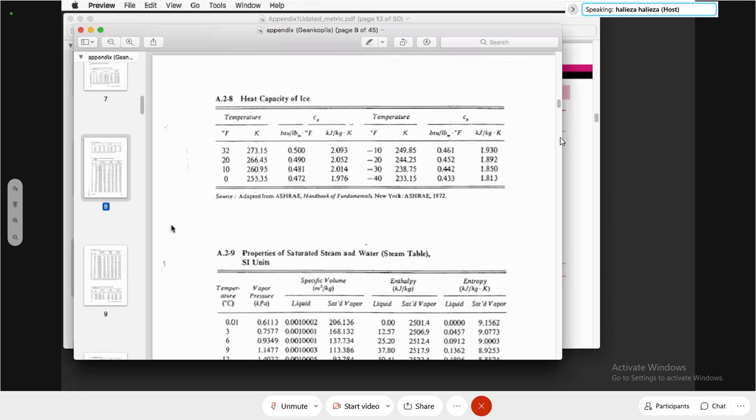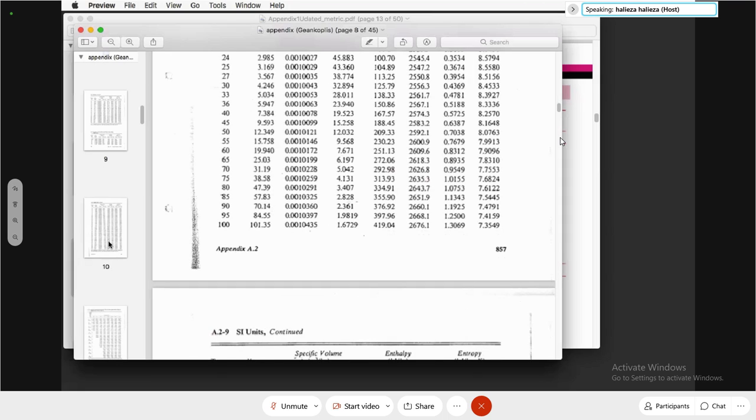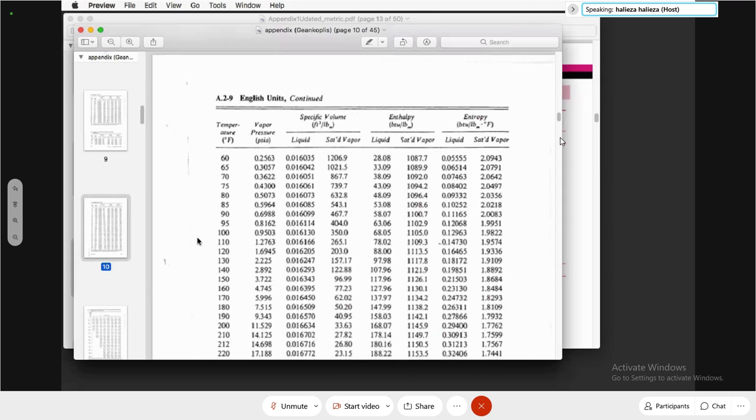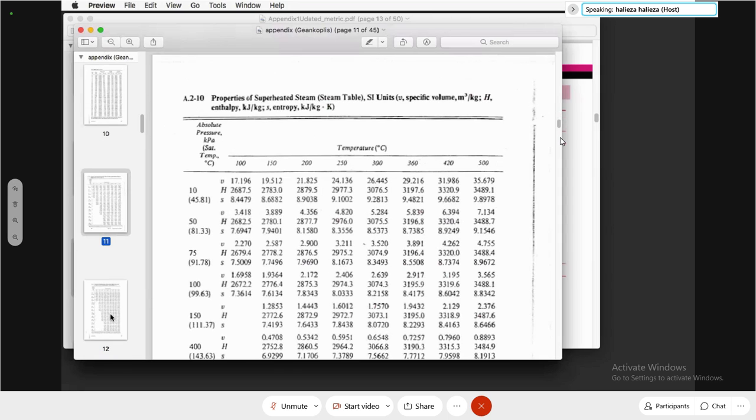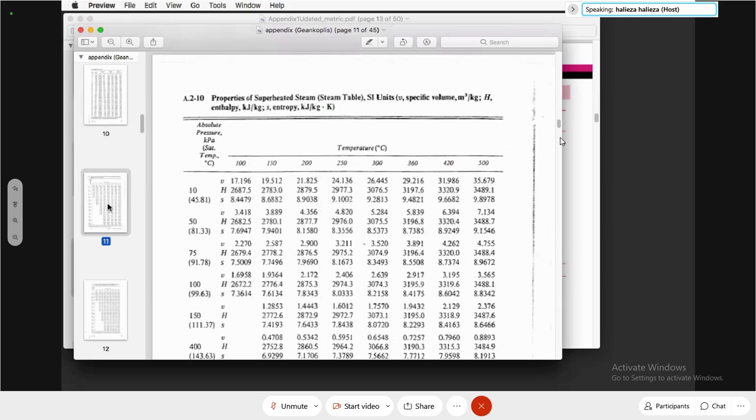That's not 17 bar, that is temperature. Can you find anything at 17 bar? 14.69, that is absolute pressure, in kilopascal. So where else?